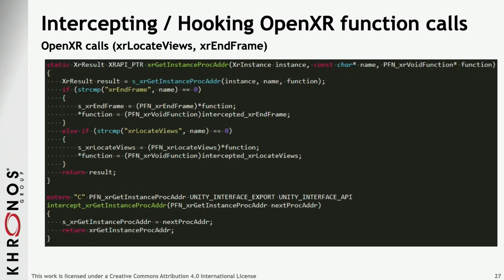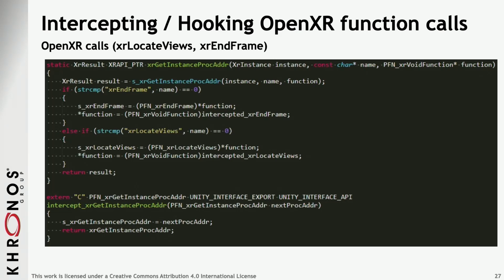Here's the C++ side of that. We're going to call this intercept xr get instance proc address on the bottom there. The one from OpenXR is passed in. We're going to cache it, and we're going to return our version of it, which is the very top method there.